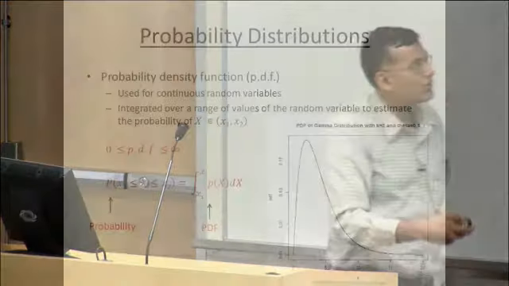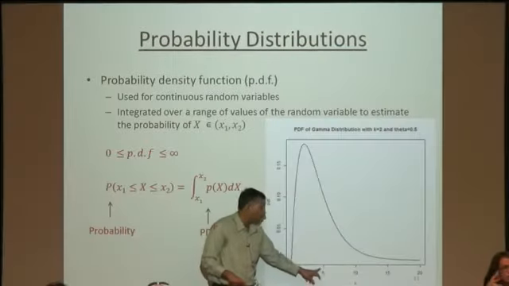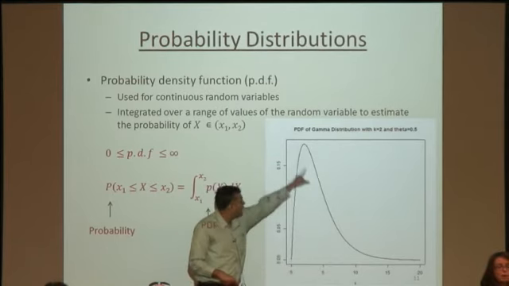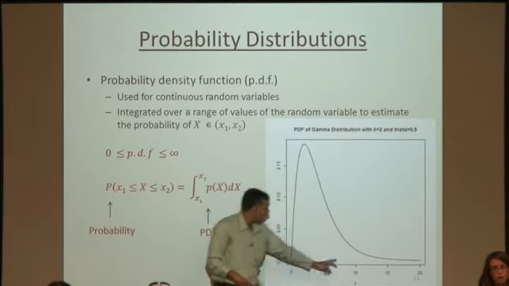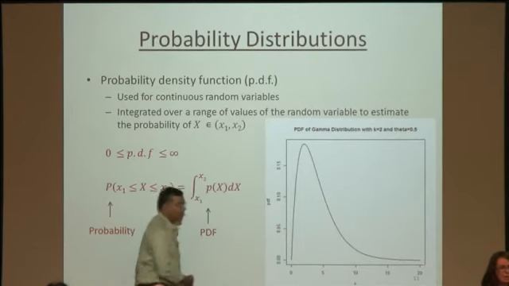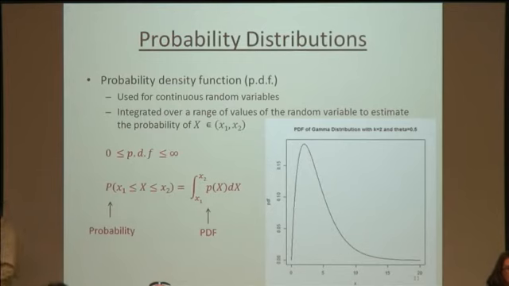So if I go back to this previous PDF here, and I ask you what is the cumulative distribution at 5, then it is the probability of this entire curve between minus infinity to 5. Now in this example there is no extension of this curve to negative values, but technically there is nothing that prevents you from having a probability distribution where the random variable takes on negative values.